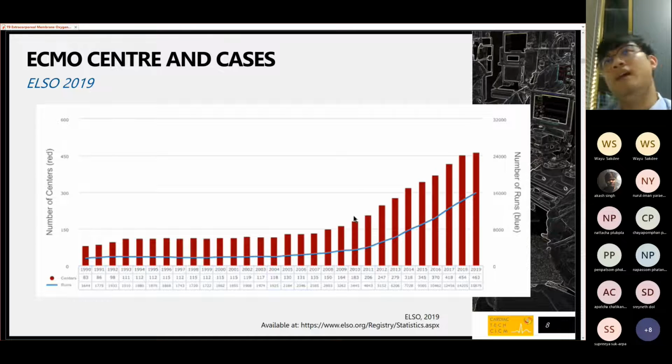The trend progresses exponentially, because in the early time, most of the patients put on ECMO would die. So people were excited to try ECMO. Everyone said, hey, you put them on the devil machine or something like that.